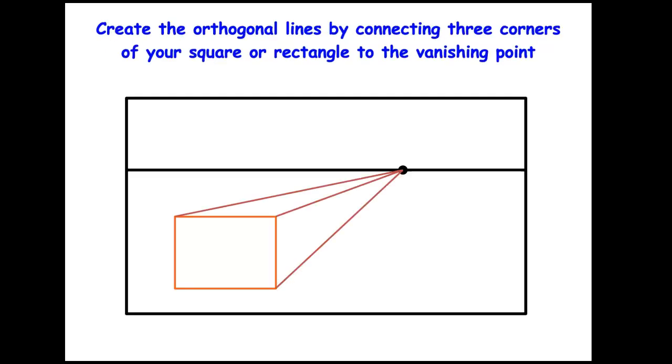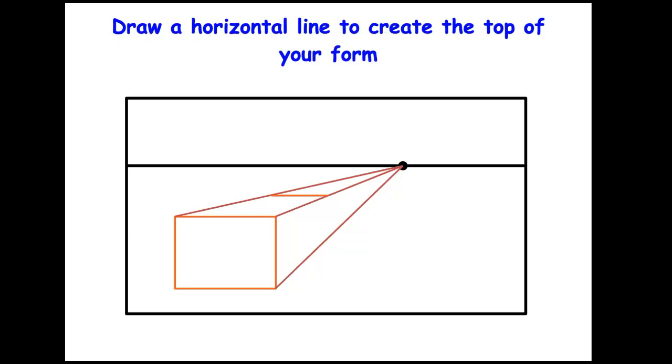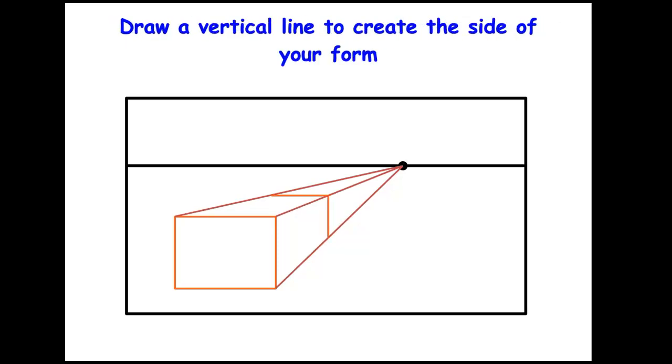And then from that shape, we would start to make orthogonals going towards the vanishing point. Okay? And so now we can go ahead and put another. So you'll notice that the horizontal lines are all parallel to each other, and the vertical lines are all parallel to each other. The only ones that aren't parallel are the orthogonals, right?